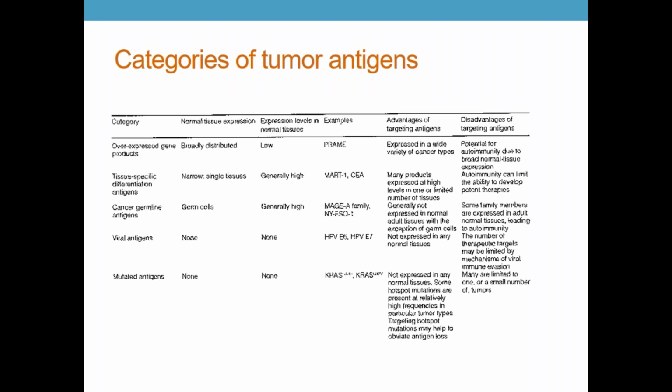Now, when we talk about these mutated antigens, we should divide them into two types. There are a number of mutated antigens that are not driver genes. They're mutated in the cancer, they're not present in normal tissue, but they're not necessary for the cancer to continue growing. Then there are mutated antigens which are still specific to the cancer, but are absolutely necessary for that cancer to continue to thrive. Those are called antigens from driver genes.